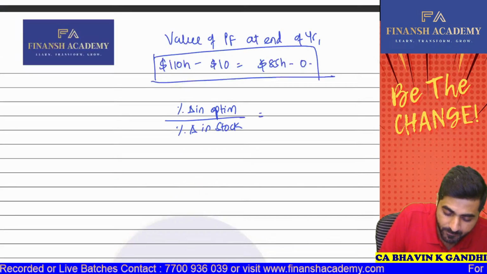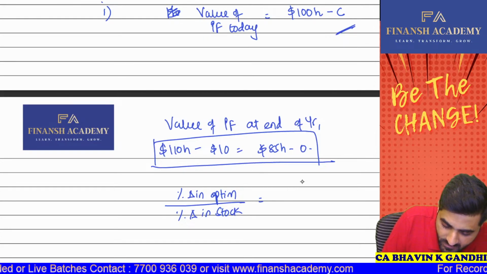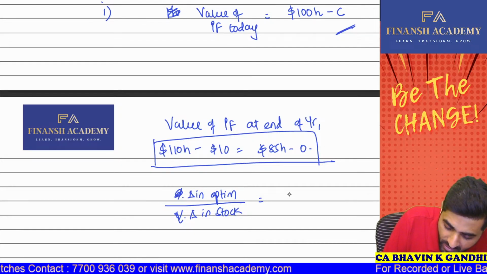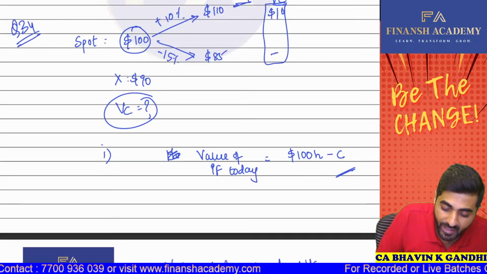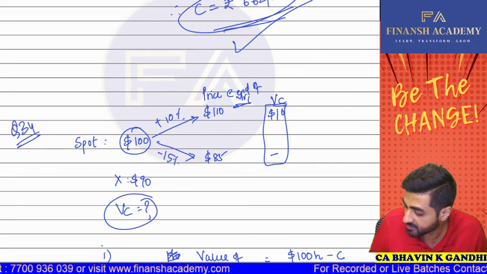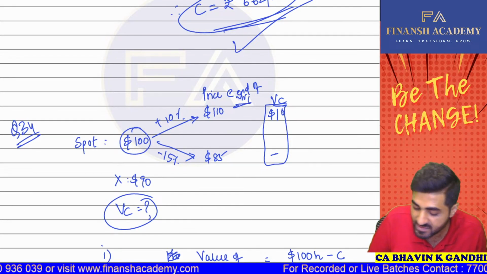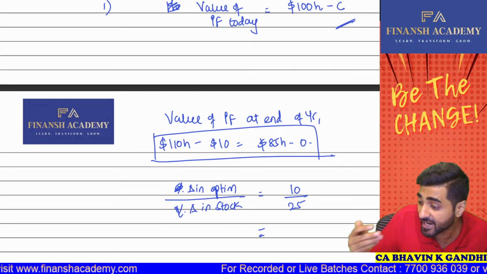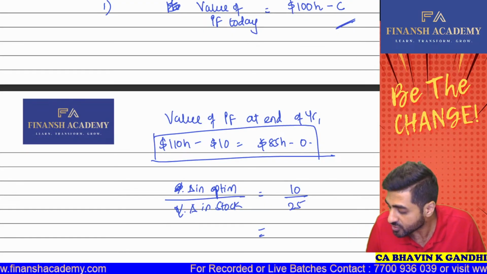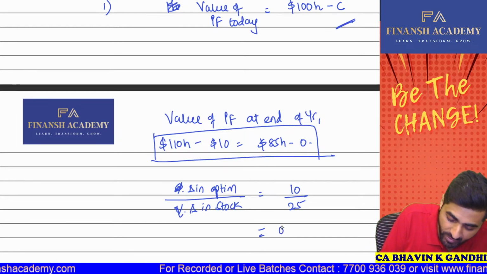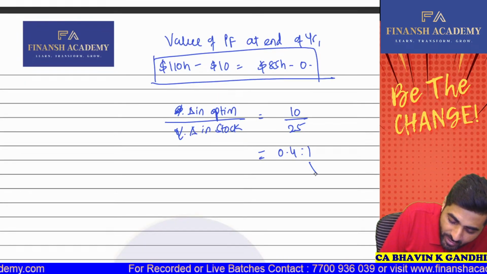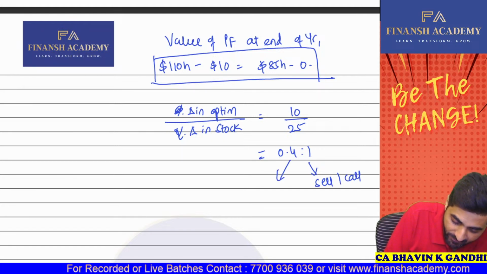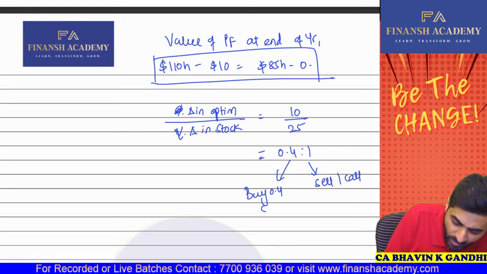So this is going to be the change, that delta, the change in option upon change in stock. So that is 10 upon, and here it is 110 minus 85. So this is nothing but 25. So 10 upon 25, will this give me the hedge ratio? Come on, yes or no? Yes. So 10 divided by 25, my hedge ratio will be 0.4:1. So I need to now sell one call, and for that I have to buy 0.4 shares.